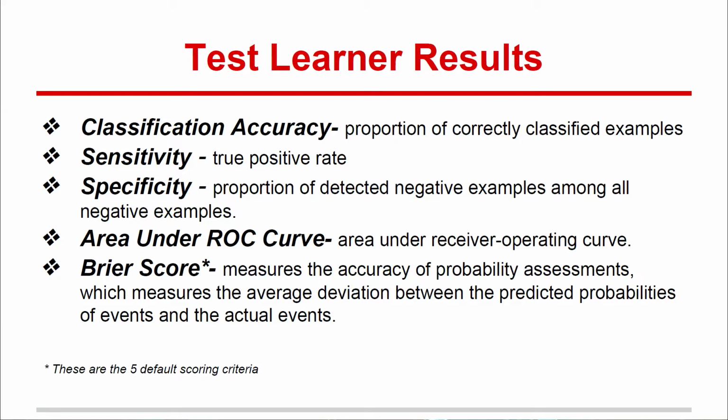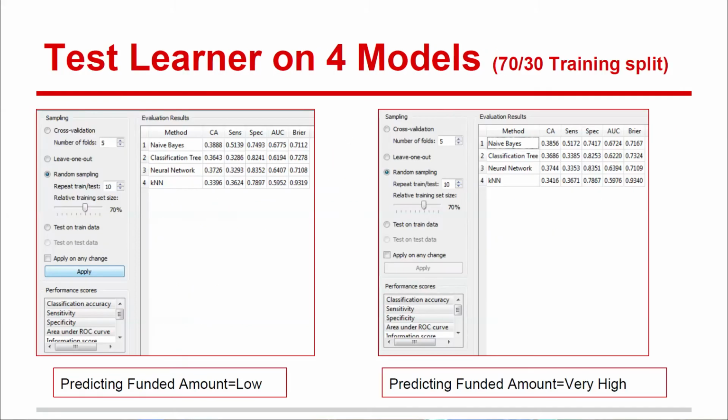And these were the 5 default scoring criteria, so we left them in. They're going to be pretty good as far as classification. We'll get a general accuracy, and we'll get to see our true positive rate and the negative examples.